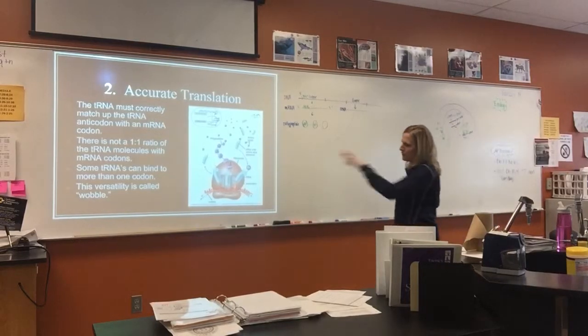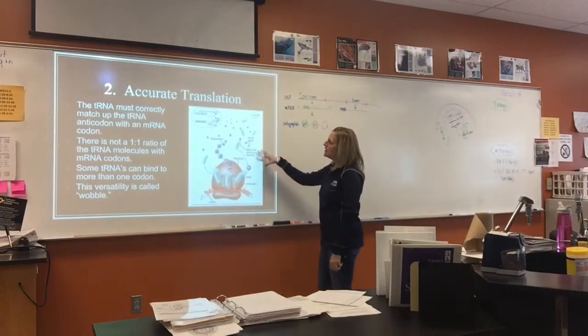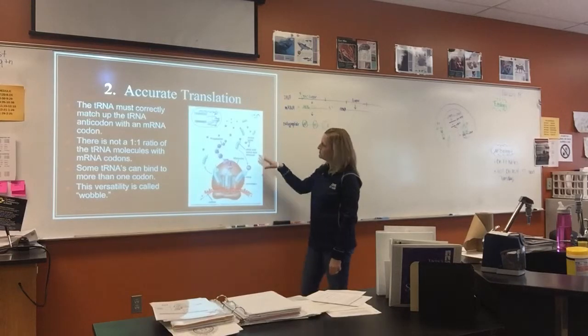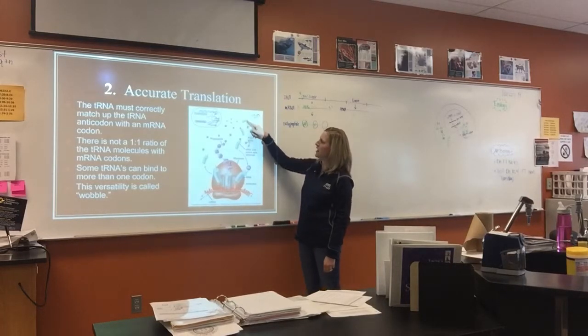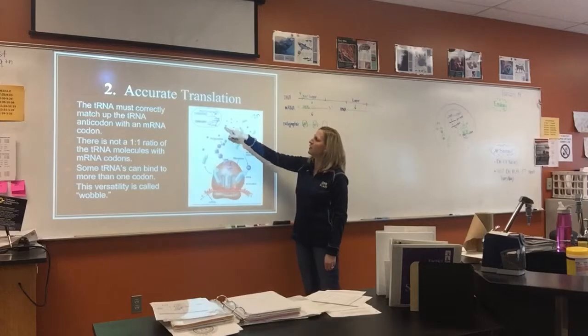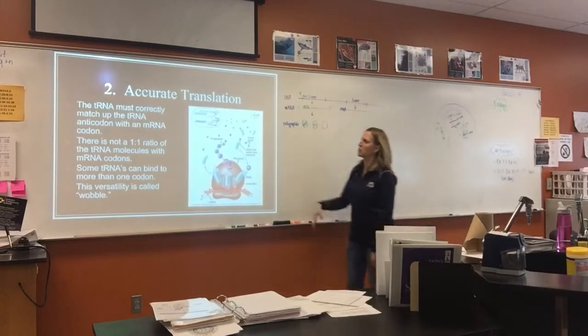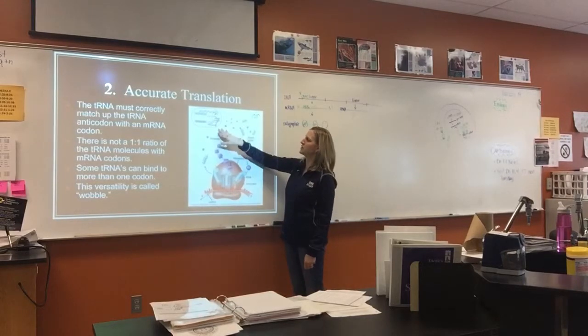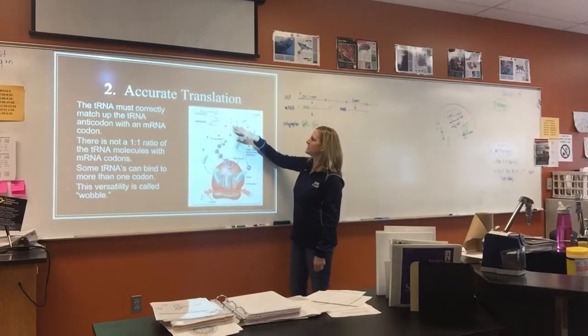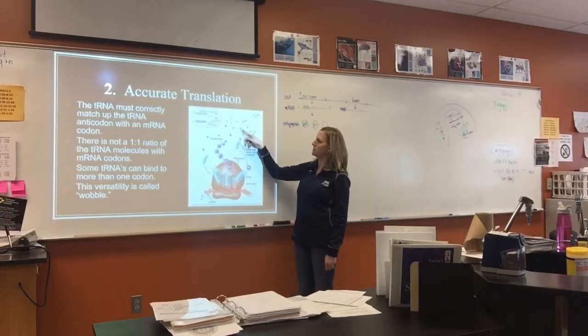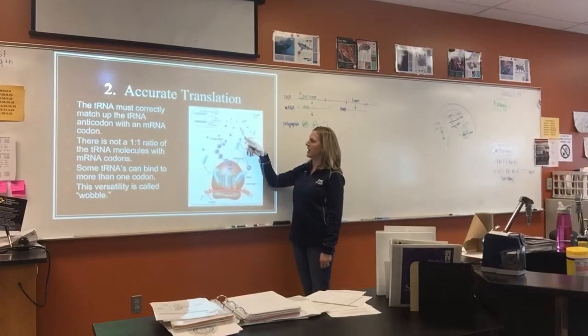So before I talk about this wobble effect here, let's just look at this overview picture. So here we have our tRNAs that aren't bonded. This is what I was trying to draw over here. That's what this picture is showing you. Here are your amino acids from your diet, and your tRNA molecules pick up the appropriate amino acids.